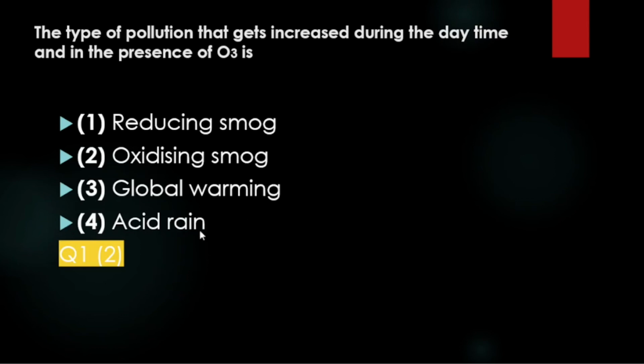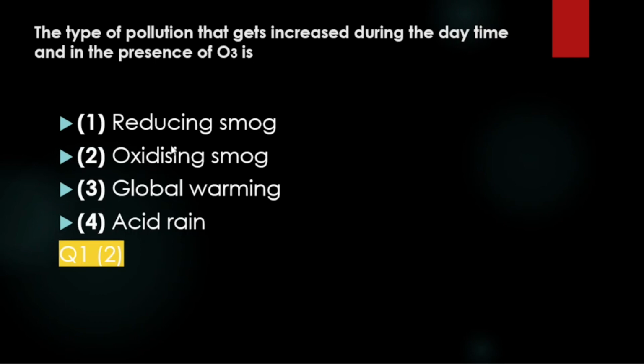Acid rain and global warming cannot be the answer, because global warming is caused by methane, CO2 and other gases. Acid rain is caused by acidic gases like SO2, which combine with water to form H2SO4. So we will just remove these. The answer can be either reducing smog or oxidizing smog.